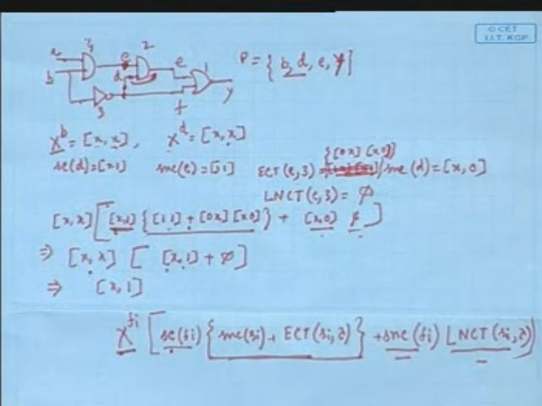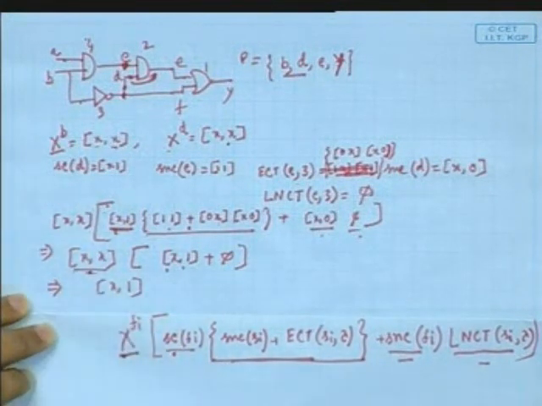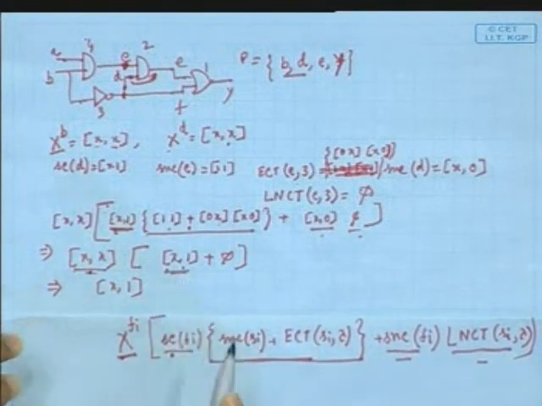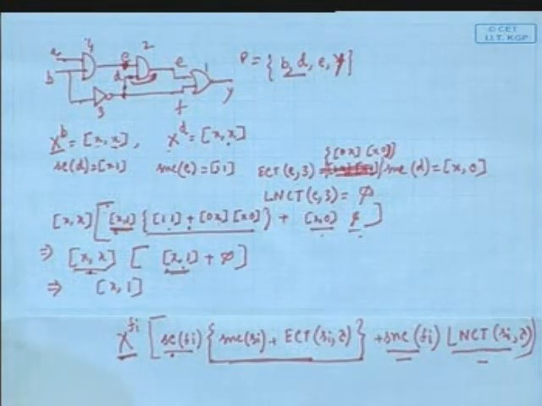But say our output x1 should be xx logically ANDed with x1. That means the second input has to be 1. This xx comprises 4 input vectors, and this comprises only 2 input vectors for which the second input is 1. I am taking the intersection of these two, so that means x1. This is logical AND, that is clear. Logical AND means I have to consider the intersection.